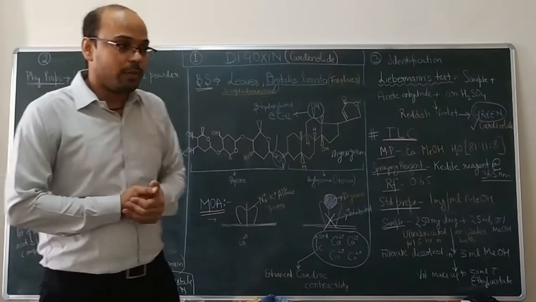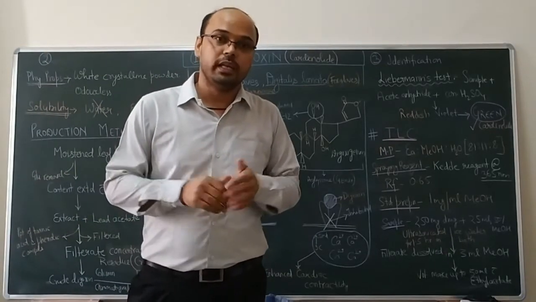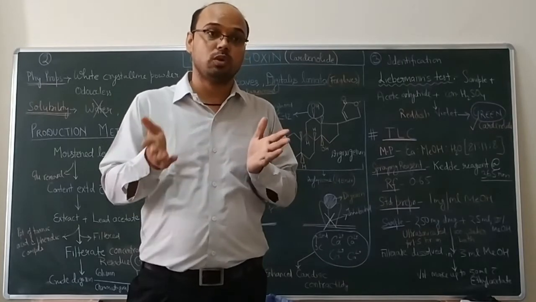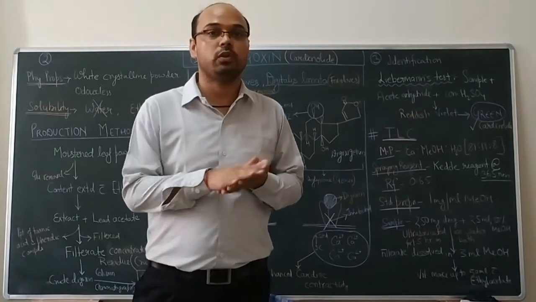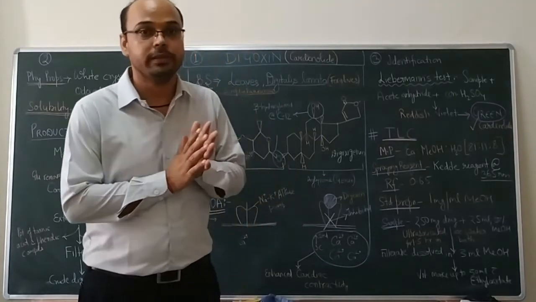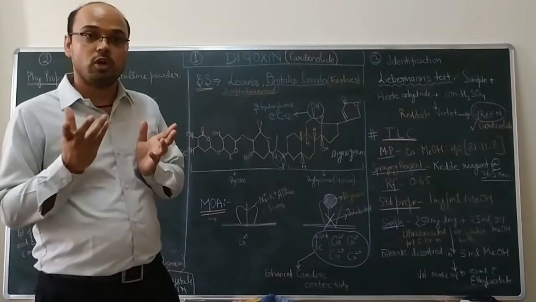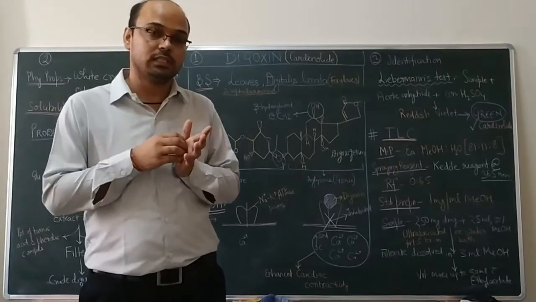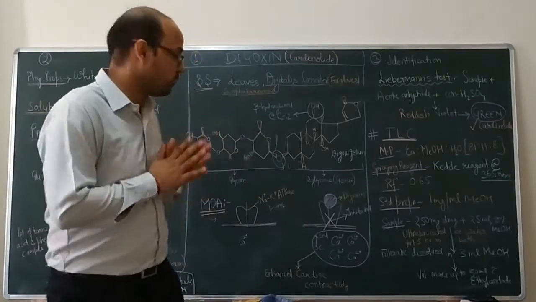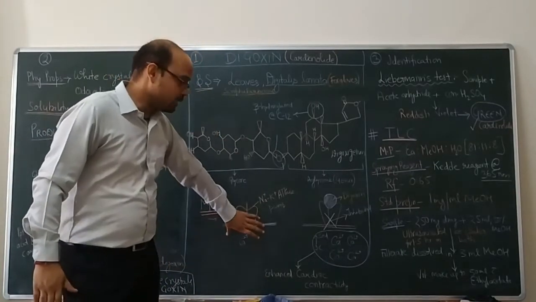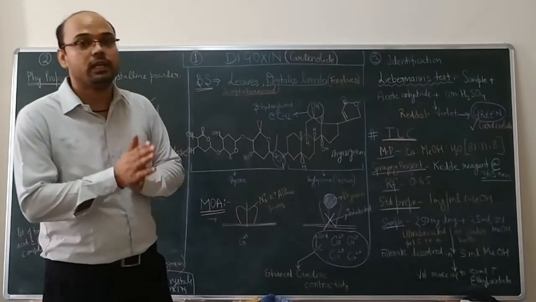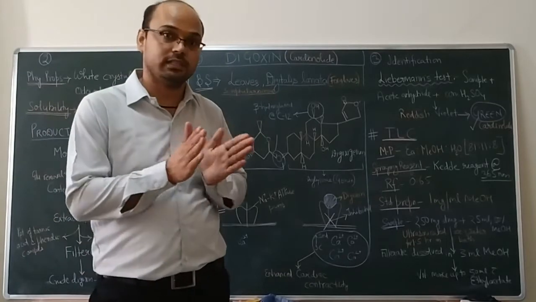If you look at the mechanism of action, because here we are concerned about the phytoconstituent, we must know how our phytoconstituent is going to act on the human body. Digoxin, being a cardenolide, acts on the cardiac muscles. If you see the mechanism of action, these are the cardiac muscles, and this is the membrane on which we have sodium potassium ATPase channels.